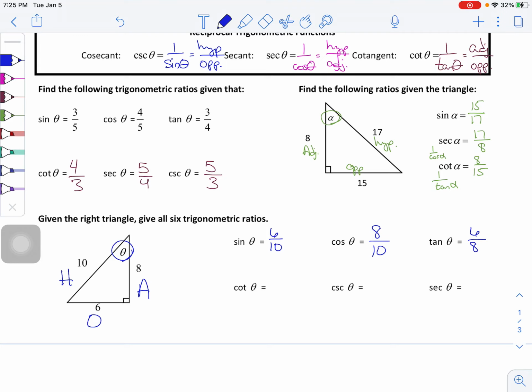Now that I have the initial 3 ratios, I can use these 3 ratios to get these 3 ratios. So cotangent's the reciprocal to tangent, so that's going to be 8 over 6. Cosecant is the reciprocal to sine, so 10 over 6. And that, of course, leaves secant the reciprocal of cosine, so 10 over 8.